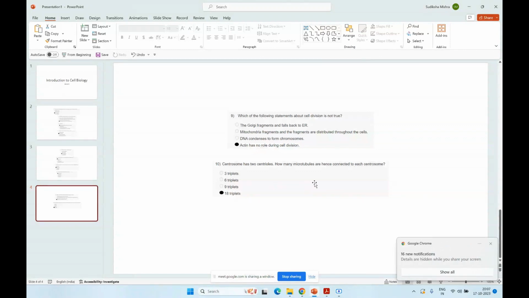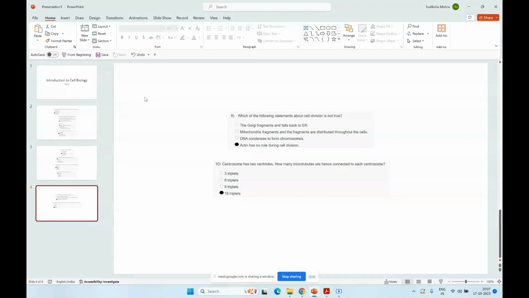So every centrosome has two centrioles, right? And there will be one microtubule arising from each triplet. Each centriole has a 9 plus 0 conformation.